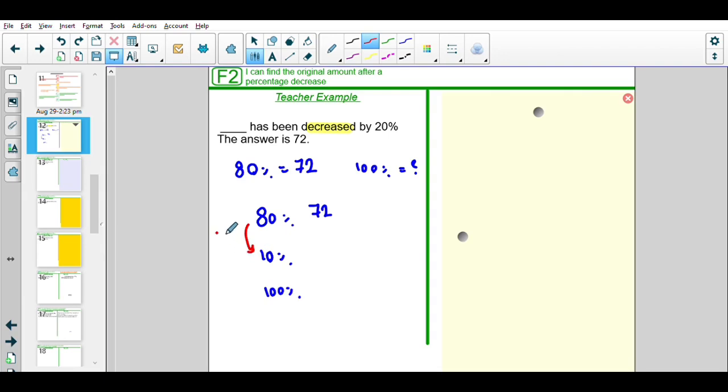From 80% to get to 10%, divide by 8, then times by 10 to get to 100%. The same applies on both sides. 72 divided by 8 is 9, times by 10 is 90. So 90 has been decreased by 20% and the answer is 72.